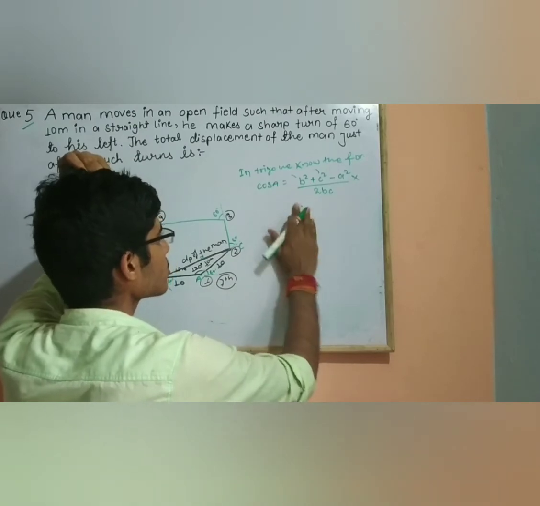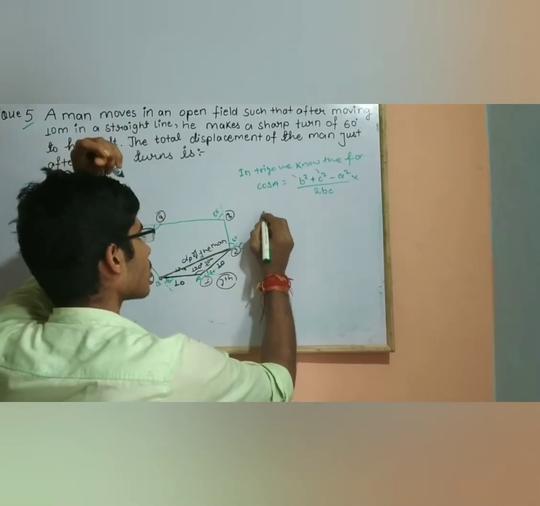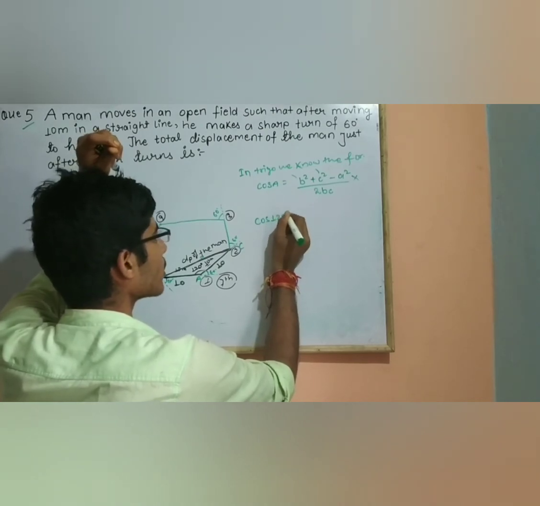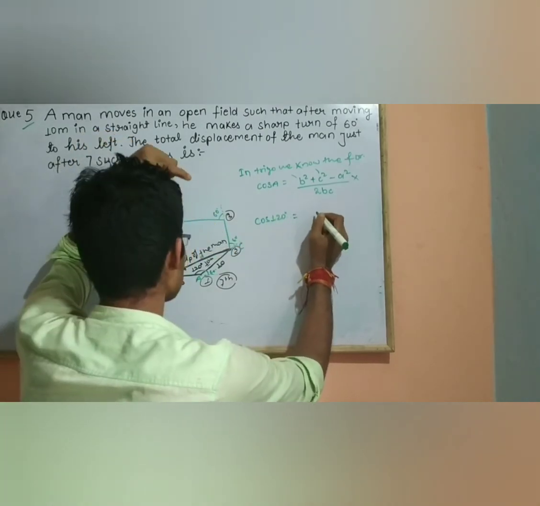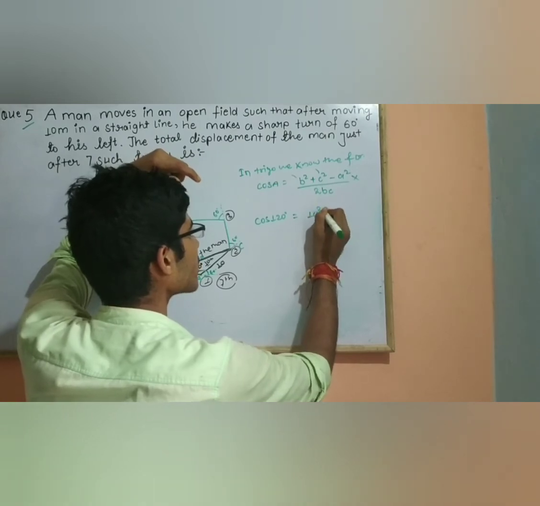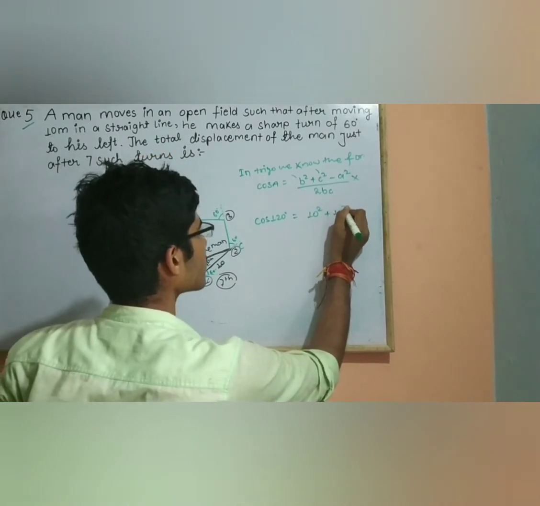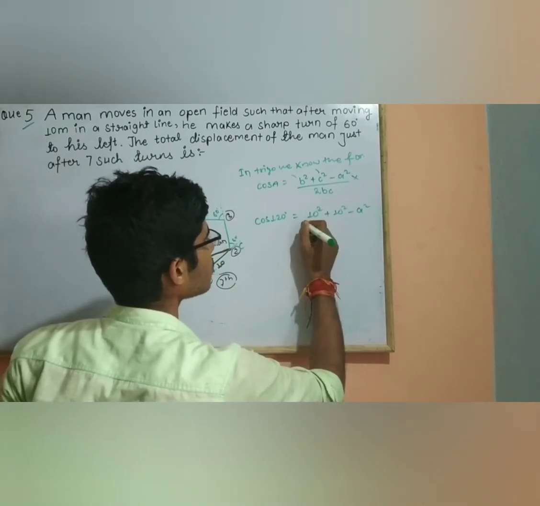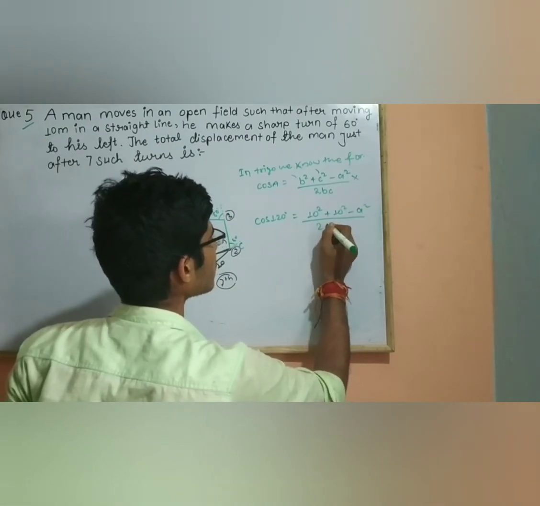So putting these values in this formula, cos 120 degrees equals 10 square plus 10 square minus A square upon 2BC.